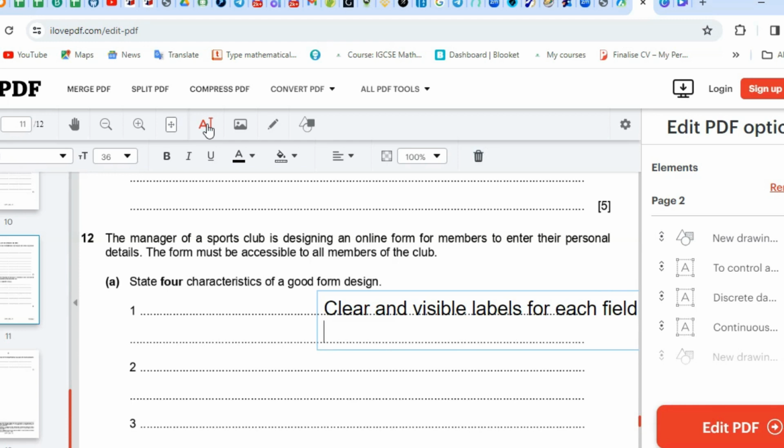Clear and feasible labels for each field. 2, easy data entry. 3, good use of white spaces. Good use of what? White spaces.